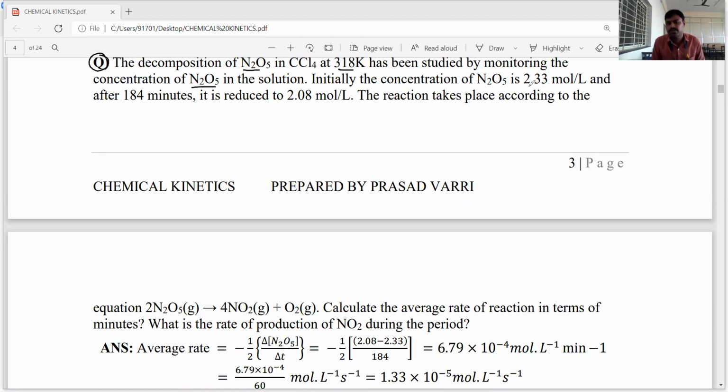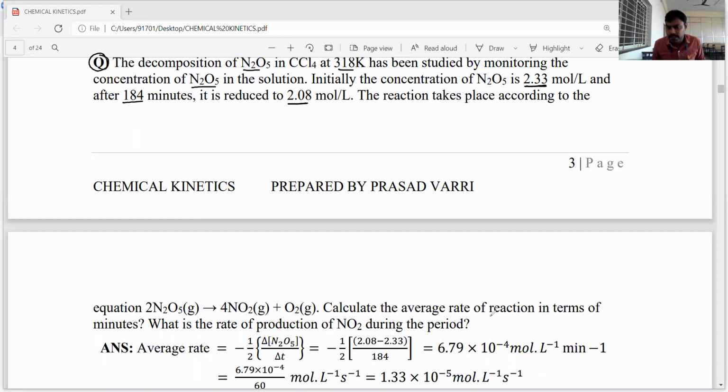Initially, the concentration of N2O5 is 2.33 mole per liter. After 184 minutes, its concentration is reduced to 2.08 mole per liter. The reaction takes place according to the equation: 2 N2O5 is converted into 4 NO2 plus O2.